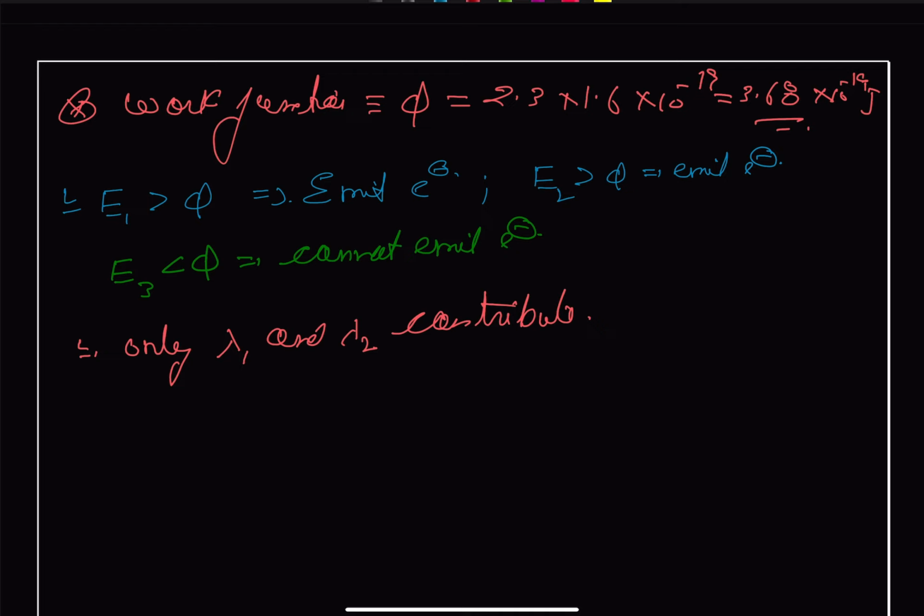Now we can find out the energy incident which is associated with each wavelength. We are only left with 2 wavelengths.